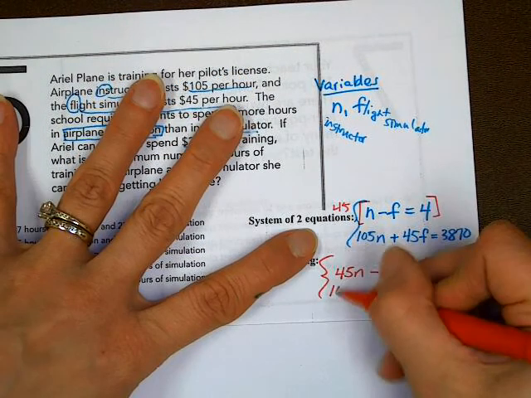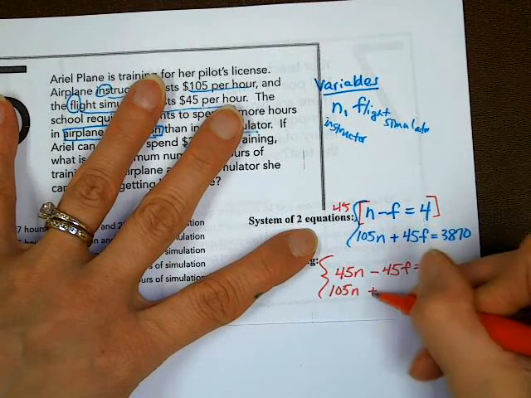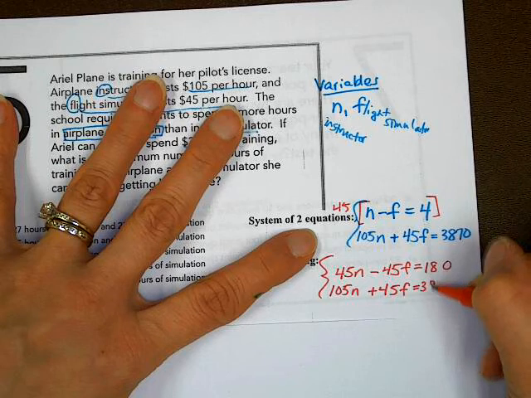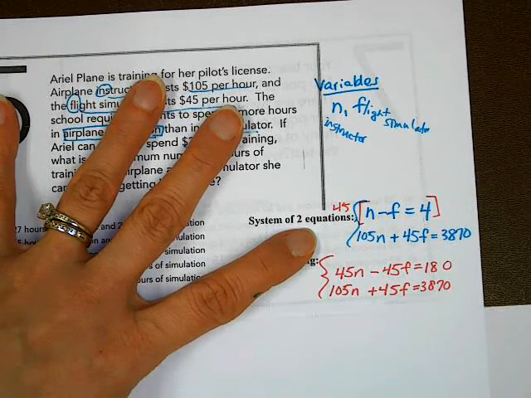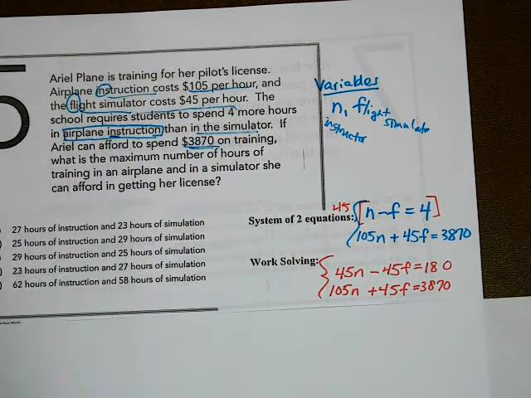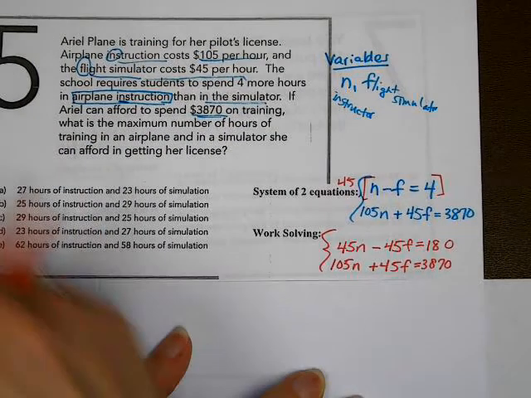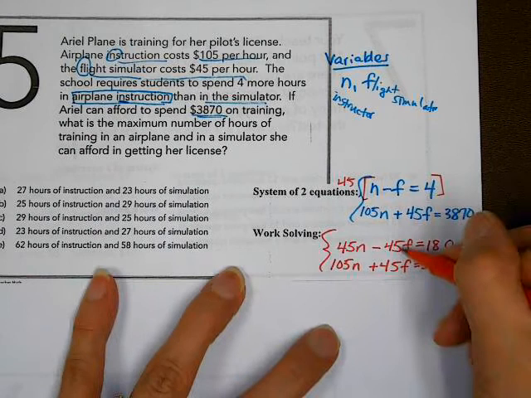The second equation I'm going to leave exactly the way it is, because now we're all set up for some elimination. Then we'll combine these. When something eliminates, then we're good to go. So the f's are going to eliminate.